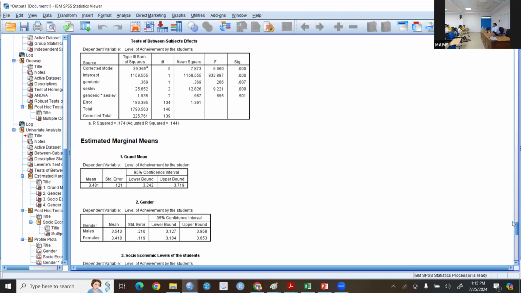The table is test of between subject effects. Whether gender is significant? No. Socioeconomic level significant? Yes. Interaction term? No. That means out of the three, we should focus on socioeconomic level. It matters on the CGPA level of the students.